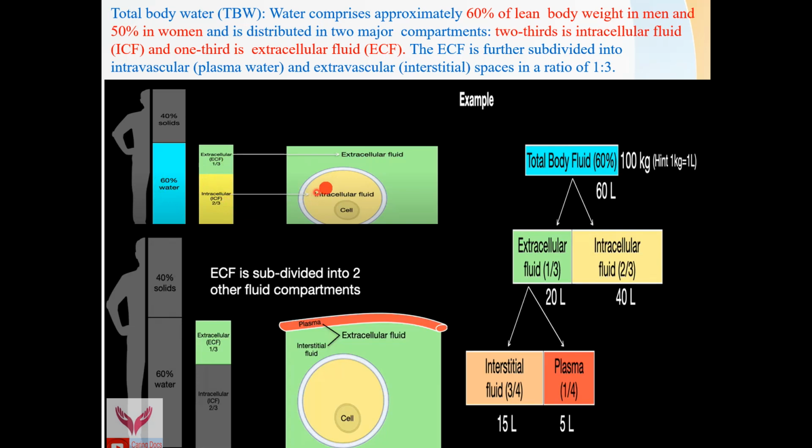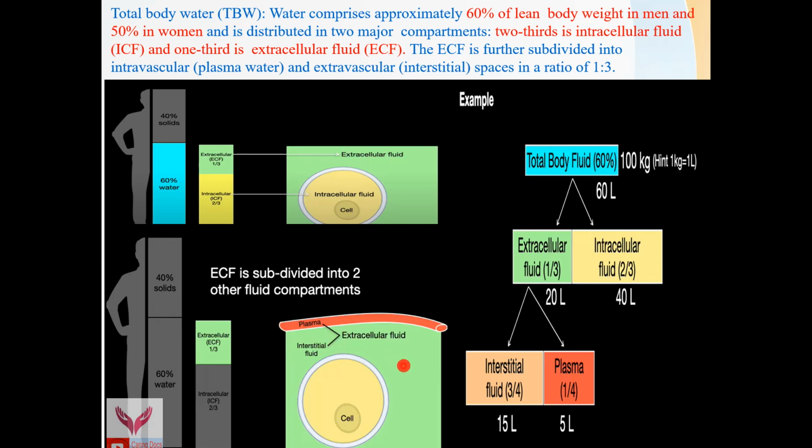Intracellular fluid means the fluid which is within the cells, and extracellular fluid is the fluid which is outside the cell. Extracellular fluid is further subdivided into two, that is interstitial fluid and the intravascular fluid. Intravascular means the fluid which is present within the plasma, and the interstitial fluid is the fluid which is present in between the cells.